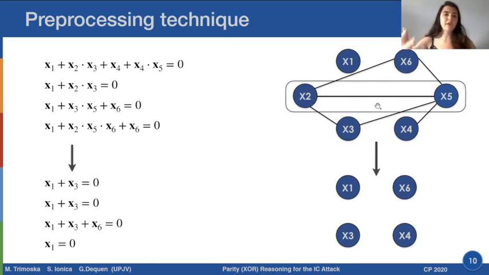And the minimum one is the one that has the fewest vertices in it. So here we have found that the minimal vertex cover is x2, x5, and this tells us that if we give a value to x2 and x5, they will disappear from the system because they will be assigned, and with them all of the edges that are connected to these vertices.